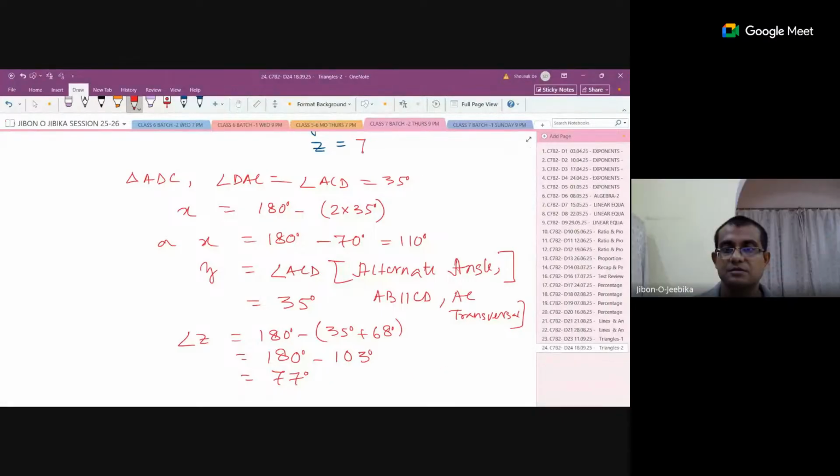Okay, clear everyone? Your practice in sums is less. You should be able to do these sums. These are very basic sums. If you are not getting these, that means you need to review your basic concepts of triangles, which we did in class earlier. Go through that, complete the homeworks.